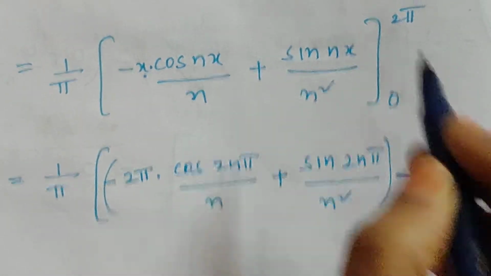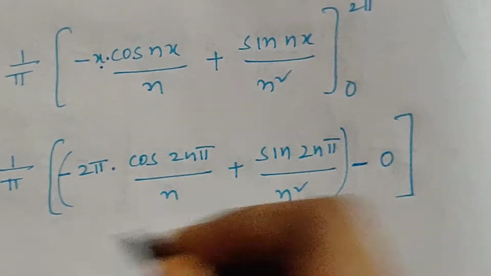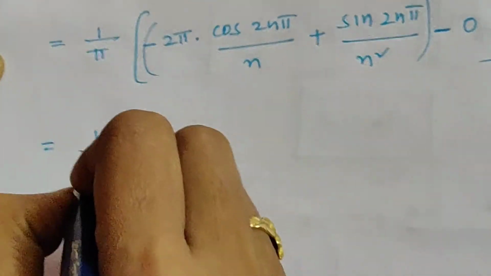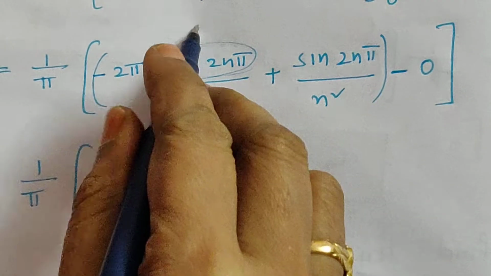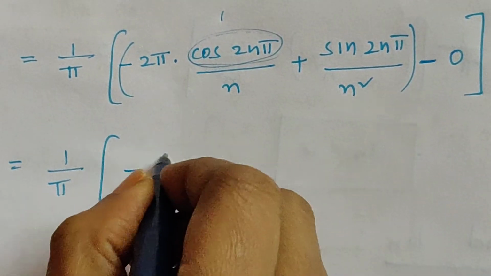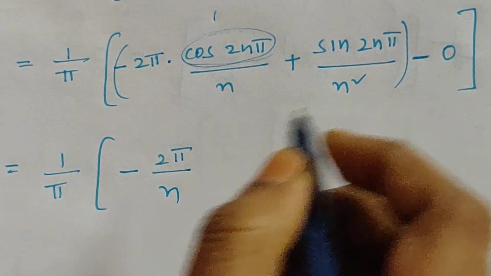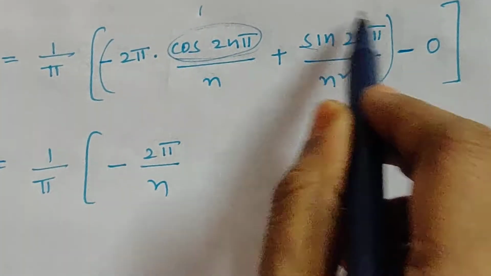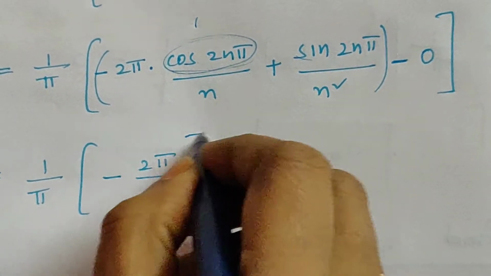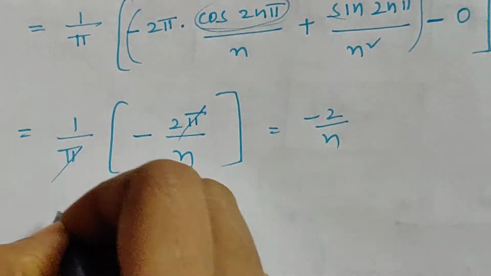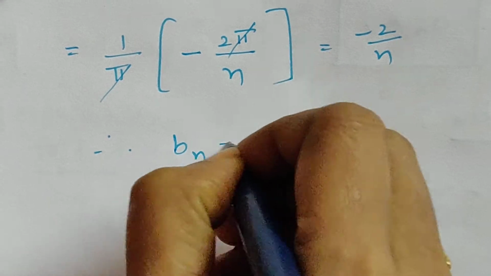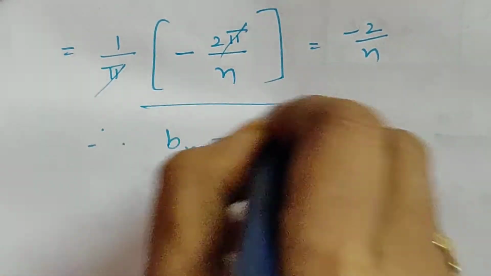Sin 0 is also 0, so the lower limit substitution is 0. Clearly we know cos 2nπ is 1, so that gives minus 2π by n. Sin 2nπ value is 0. π cancels. Minus 2 by n. Therefore bn equals minus 2 by n.